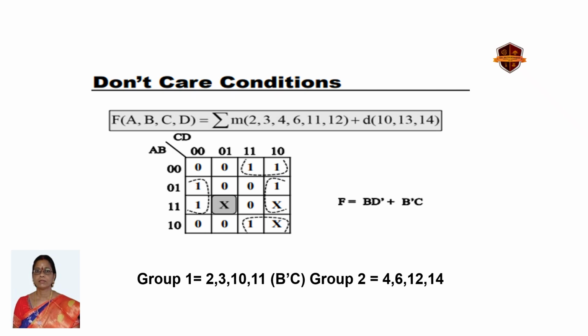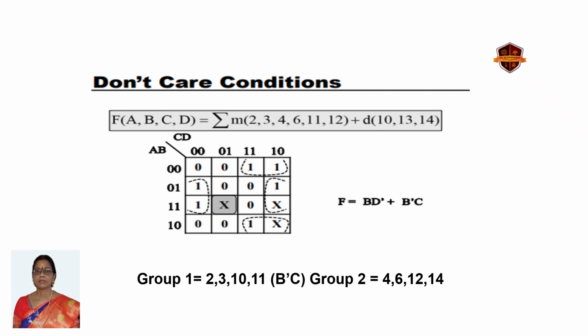Here, how to group? 1 can be grouped along with x. X alone cannot be grouped. So that's what is considered here, and you have 2 groups. One is the first column and the last column grouped together, and the first row and last row grouped with 4 squares. When you take the column, 0001 corresponds to D bar, and 0111 corresponds to B. So it is B, D bar.